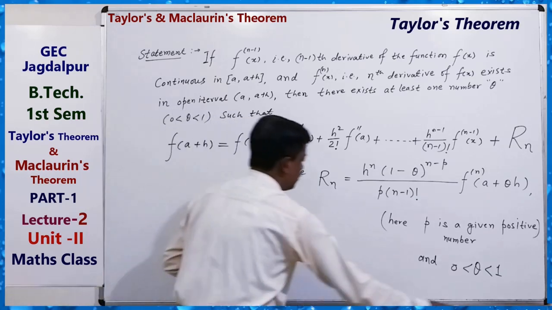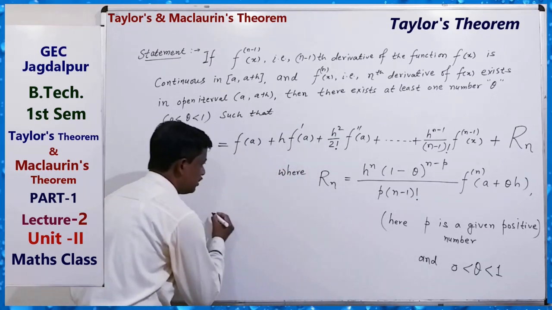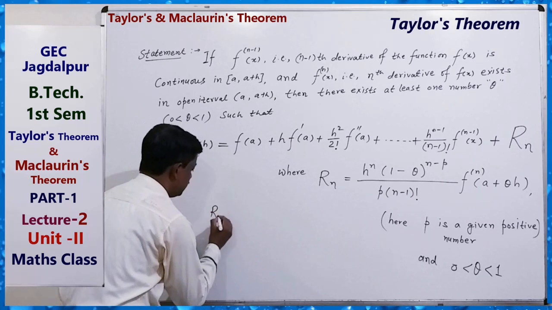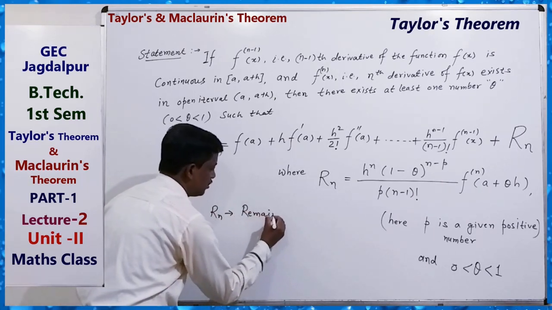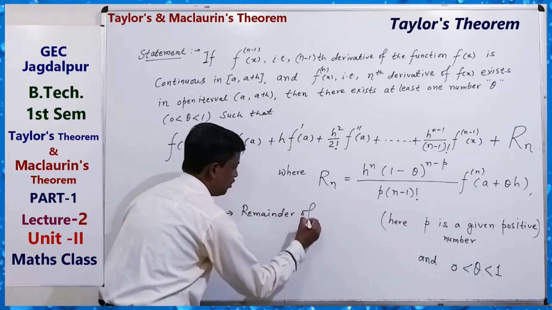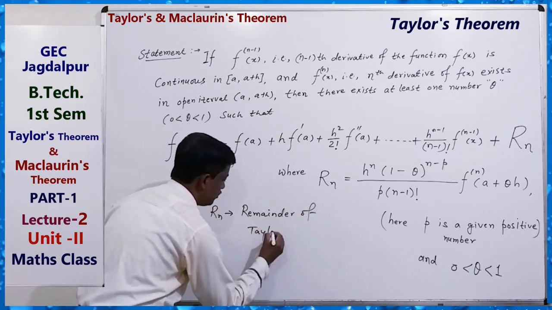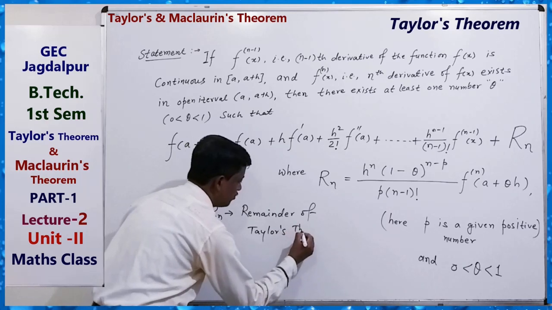Rn is called the remainder of Taylor's theorem.